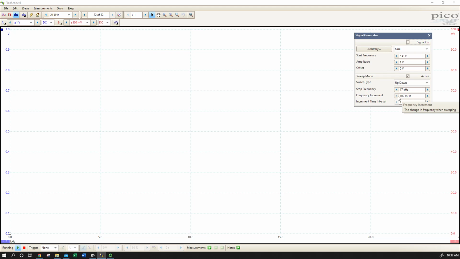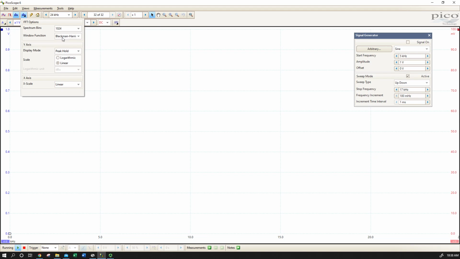Before, we had a 10 hertz increment over which we were sweeping. This time we're using a frequency increment of 100 millihertz, or 0.1 hertz. So every 0.1 hertz, the AWG is going to move frequency, and then we can collect data. Then it moves another 100 millihertz, then we can collect data. What that's going to do is give us the potential for a much higher resolution signal.